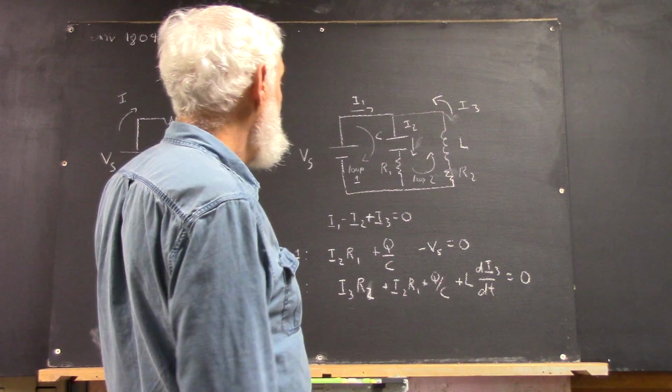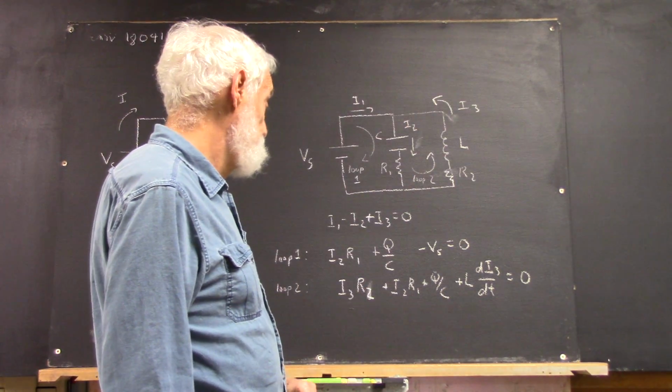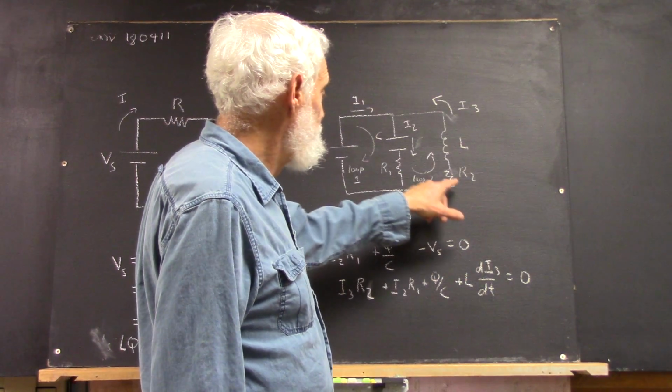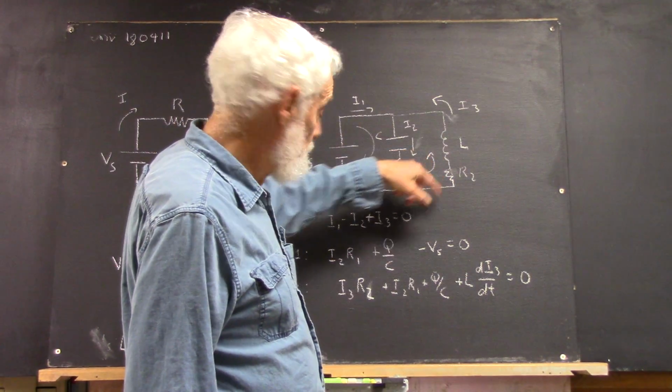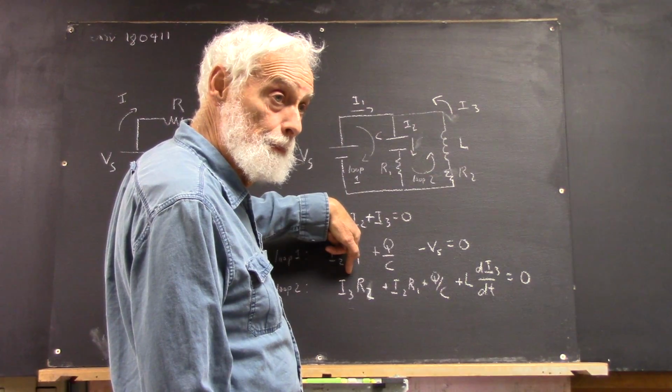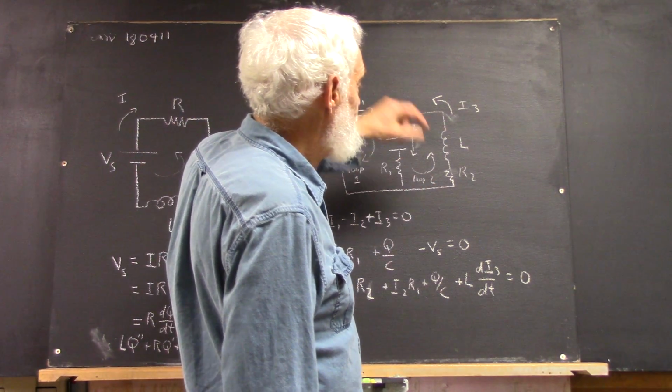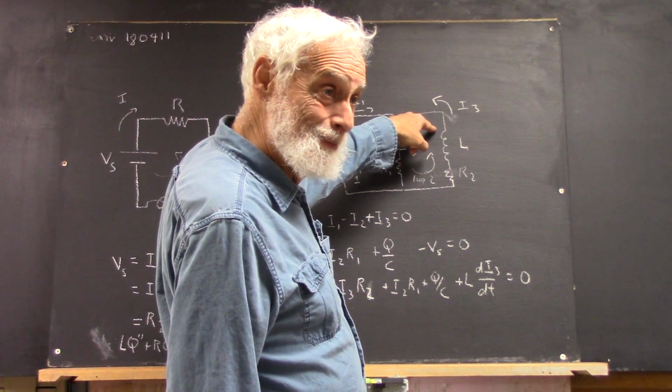Okay? For the second loop, I3 is in the direction of the loop as it goes through R2, so you have a drop I3R2. We'll go ahead and bite the bullet and do the inductor. Okay?